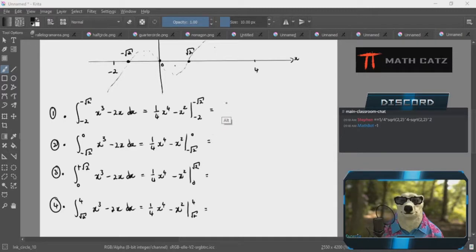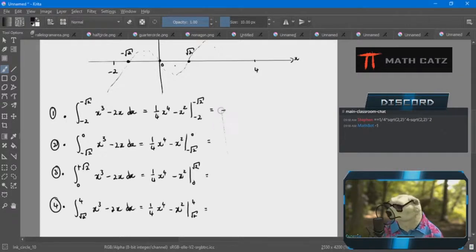So I'm going to plug in the top minus plug in the bottom, just so you have a more broken up version. When I plug in the top boundary value, I get a -1. Then I still have to subtract what I get when I plug in the bottom one.